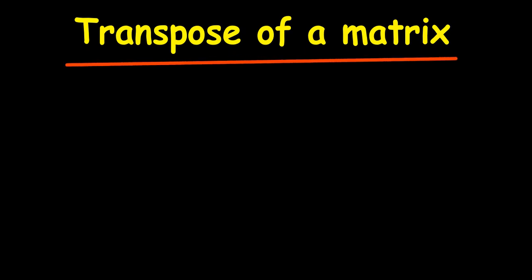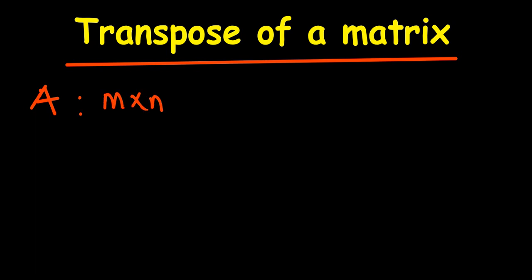Commutative. And then from there, guys, we can talk about the transpose of a matrix. So a transpose of a matrix of order m by n. Let's say I have matrix A here, and this matrix has order m multiplied by n.